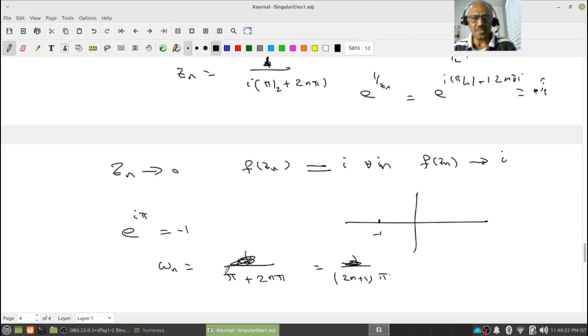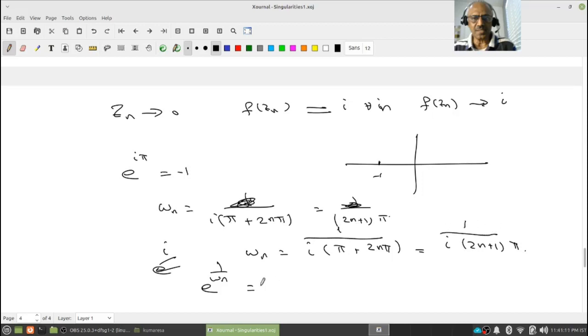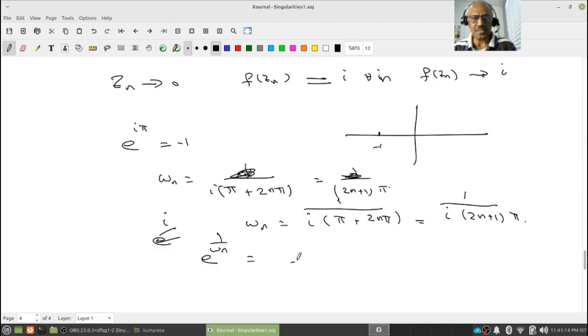Therefore e power 1 by w_n is e power i pi plus 2n pi, which is equal to minus 1 for all n.